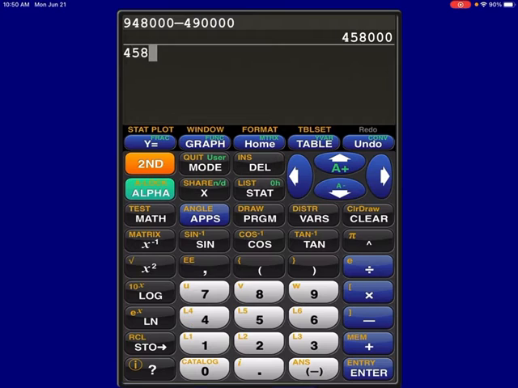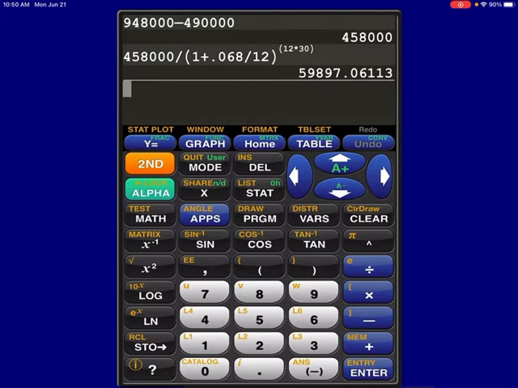So 458,123 divided by parentheses 1 plus 0.068 divided by 12 raised to the power 12 times 30.